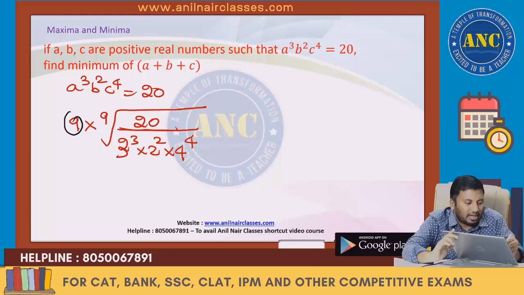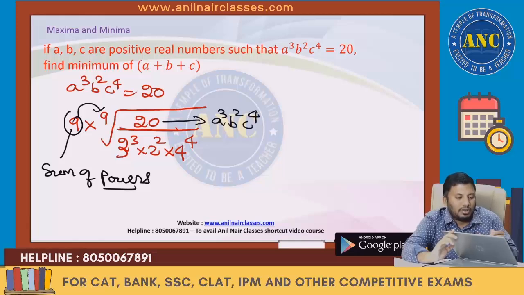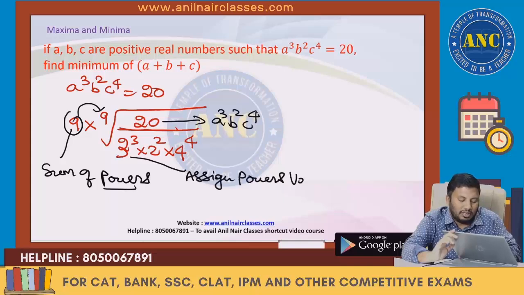Again, this is nothing but the sum of the powers. This is nothing but the value of a cube b square c power 4. Assign the power values to a, b, c. It's an easy question, sir.